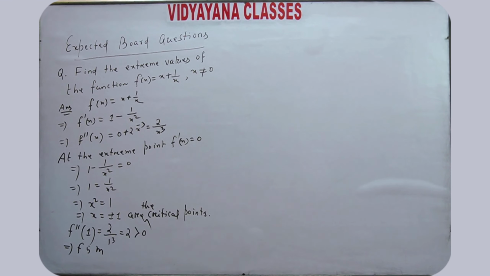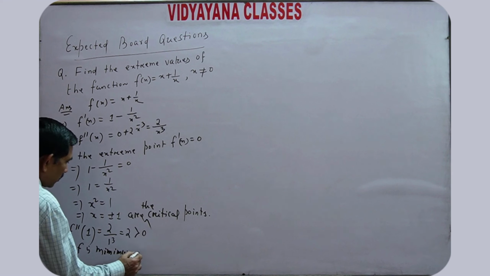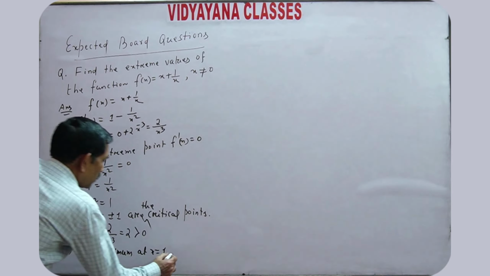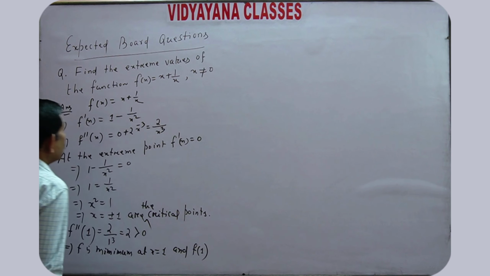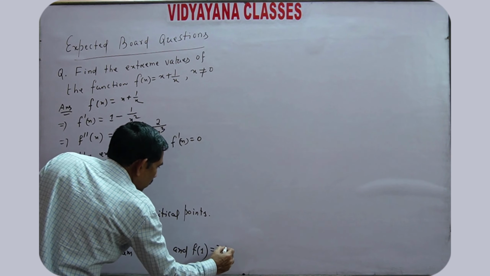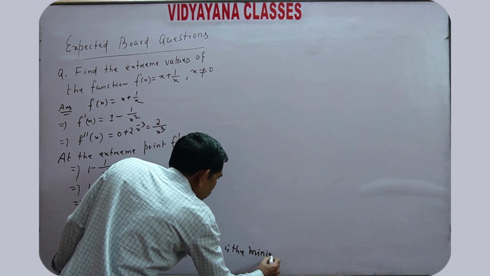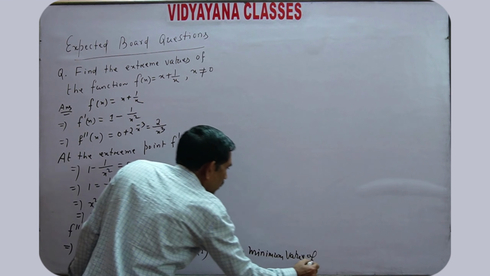If the second derivative is greater than 0, the function attains the minimum position. f is minimum at x is equal to 1 and f(1) is equal to 1 plus 1, that is equal to 2, is the minimum value of f.